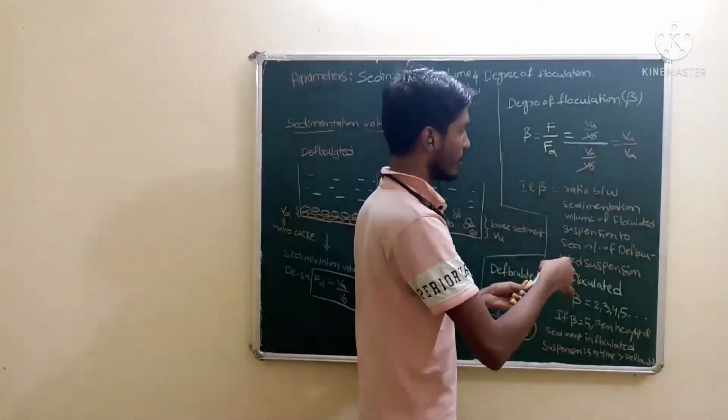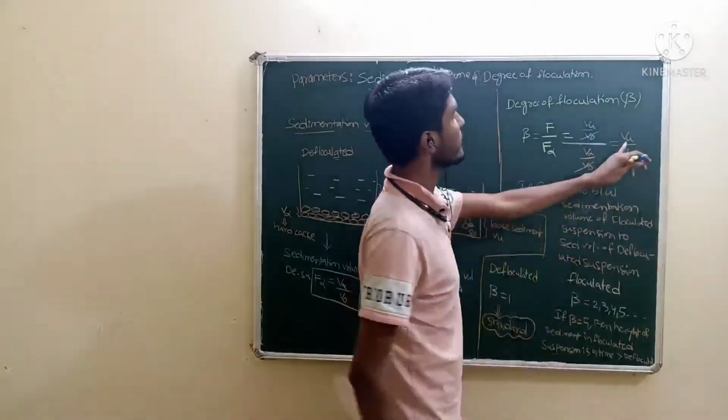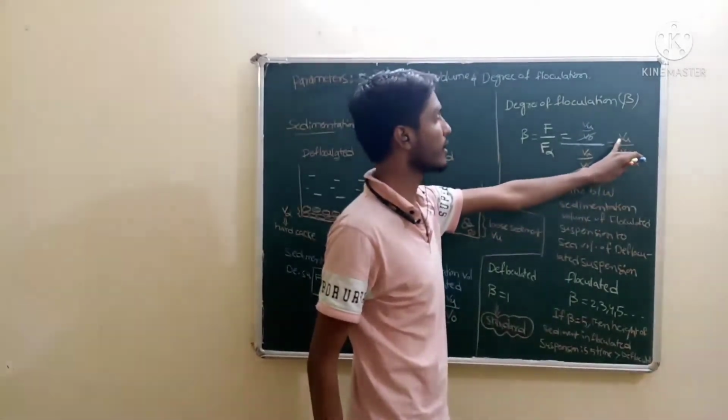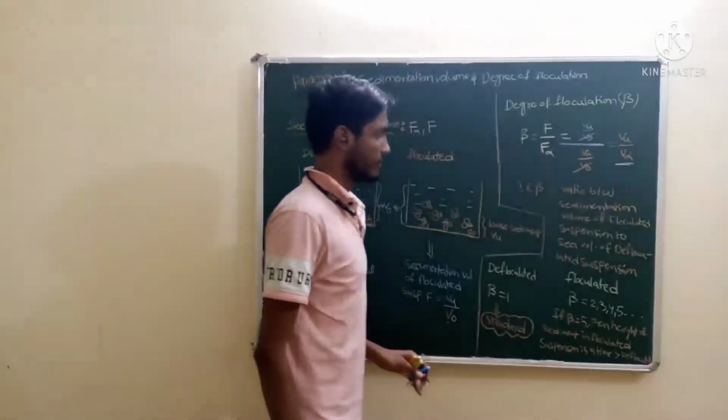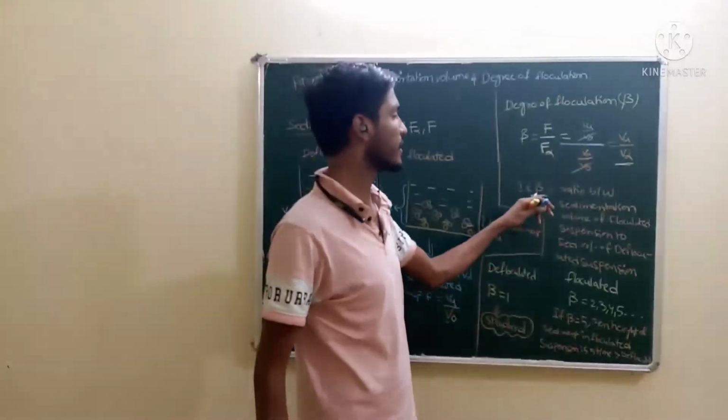What we have got finally is Vu by Vα. So what does this beta represent?